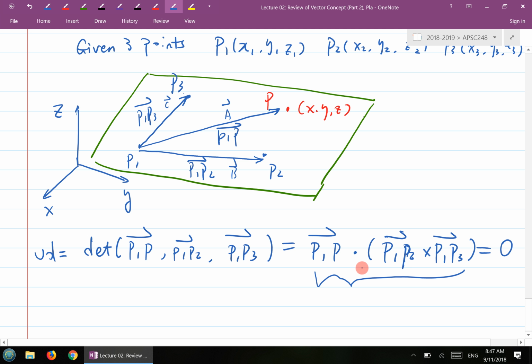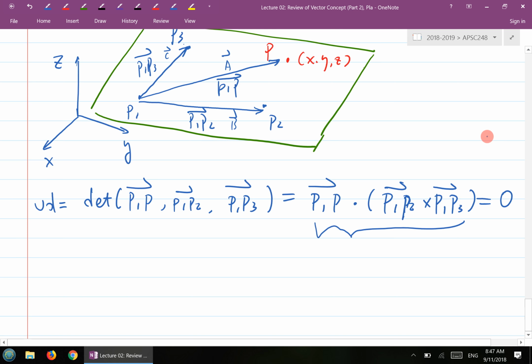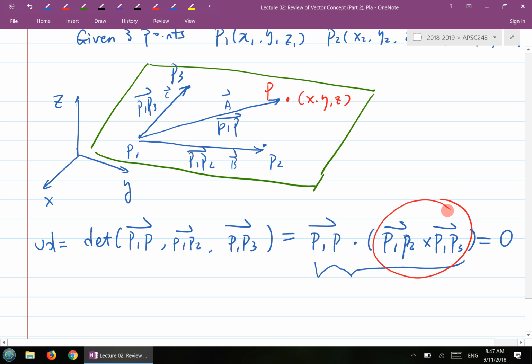But I really wanted to make it a little bit simpler and more meaningful here. So here's what I want to do. Let's take a look at P1P2 cross P1P3 first.